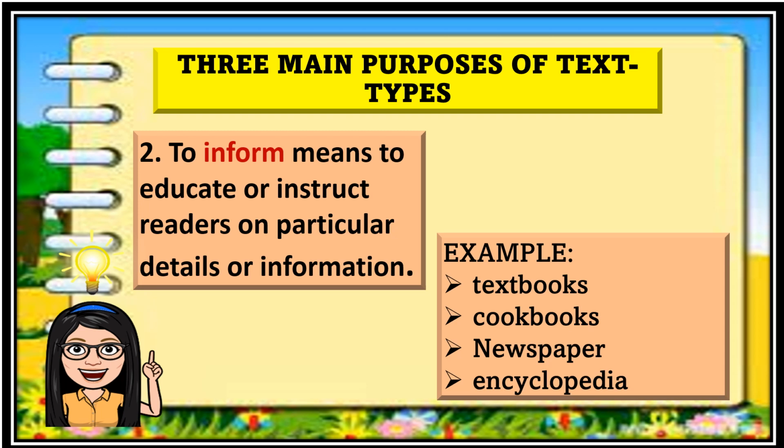Next, number two, to inform, means to educate or instruct readers on particular details or information. So these are the examples. We have textbooks, cookbooks, a newspaper, encyclopedia, and others.